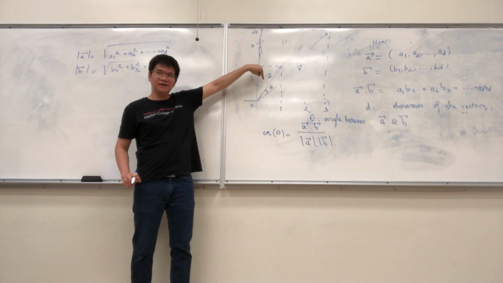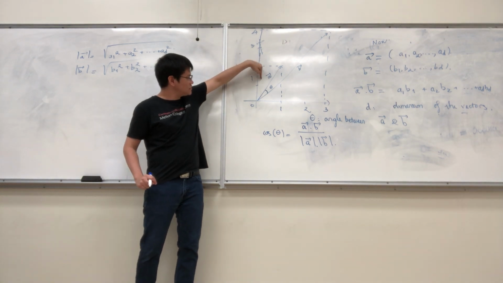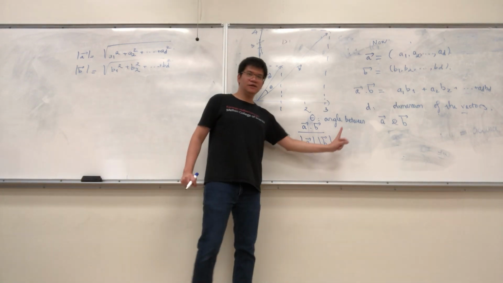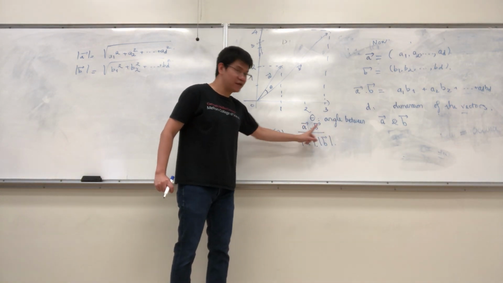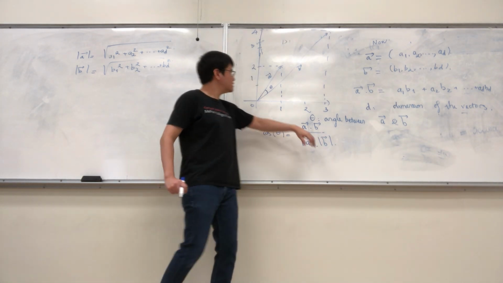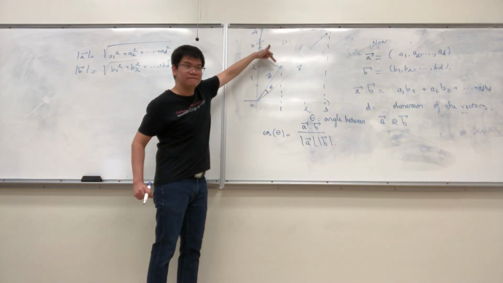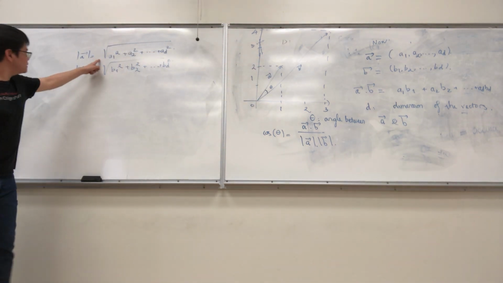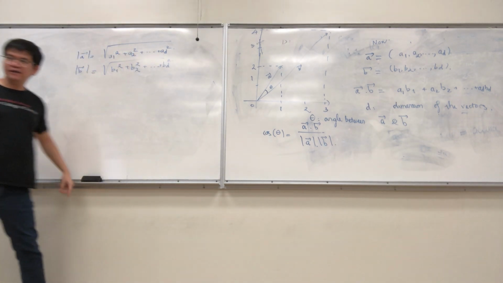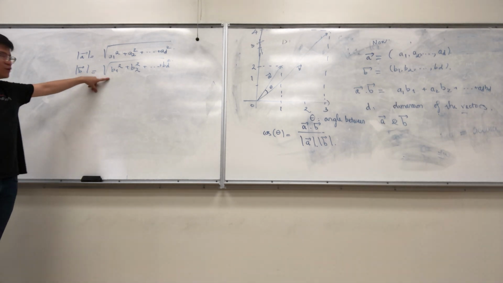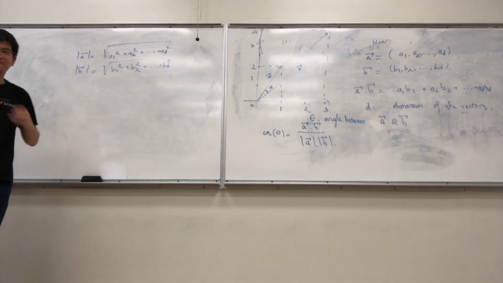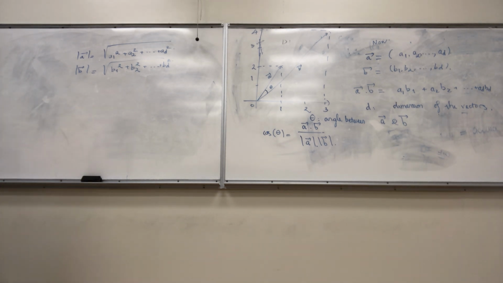I call theta the angle between the vector A and the vector B. So cosine of theta will be the ratio between the dot product of A and B divided by the product of the length of A and the length of B. The length of A will be the square root of A1 square plus A2 square plus AD square, and the length of B will be the square root of B1 square plus B2 square plus BD square. It's clear? Questions?